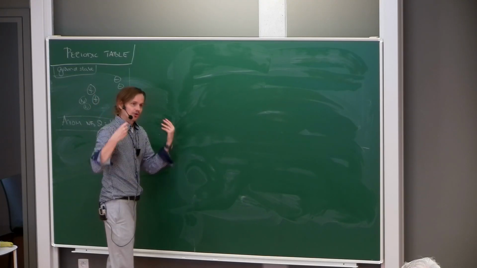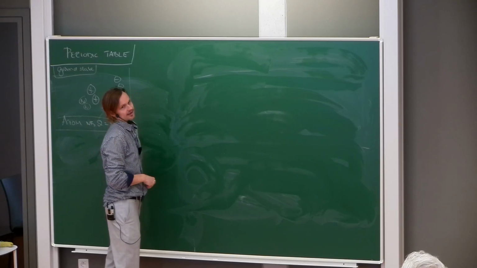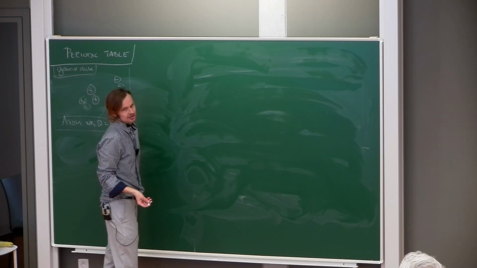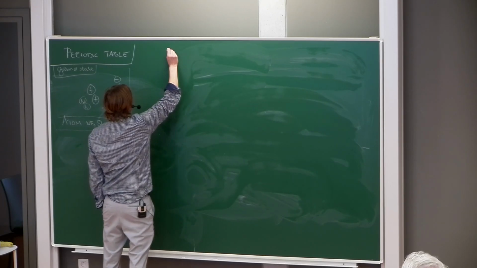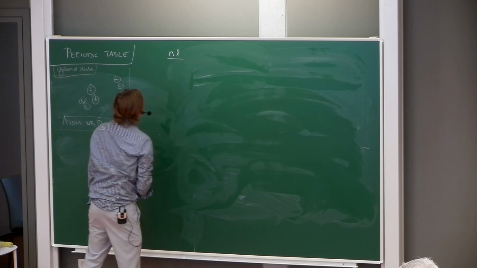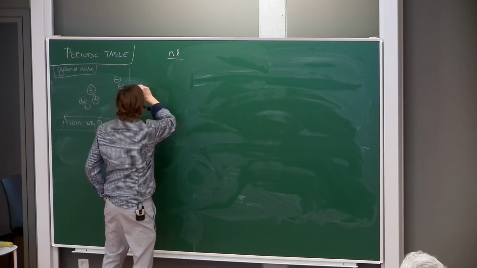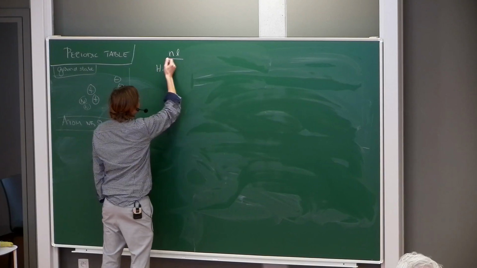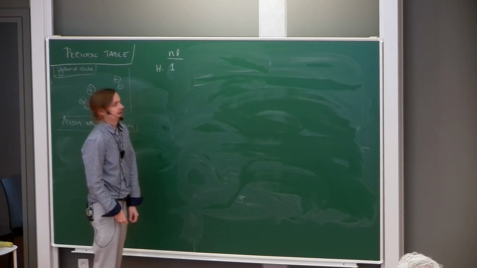then that ground state is typically denoted by a spectroscopic notation, which uses the N and the L. All right. So in this case, for hydrogen we already did. It was 1, right? And this was number 0.